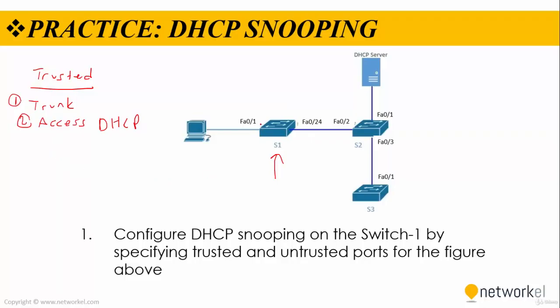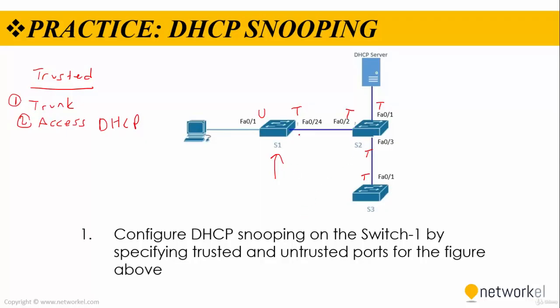So if I check the figure, this is going to be untrusted, this is a trunk and will be trusted, and this is trusted also. The trunk ports are all trusted, and also the access port that the DHCP server is connected to is trusted as well.